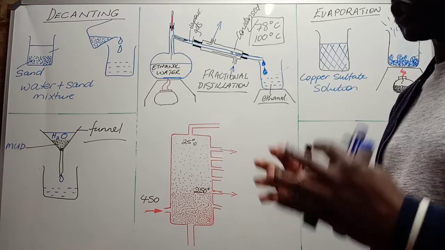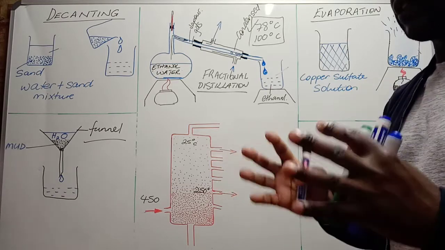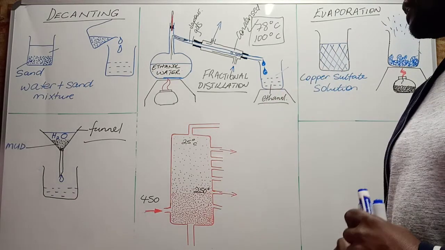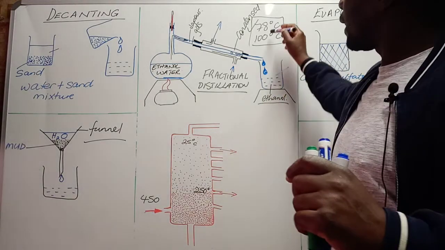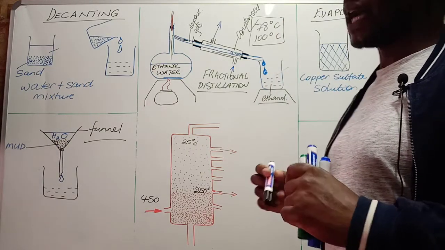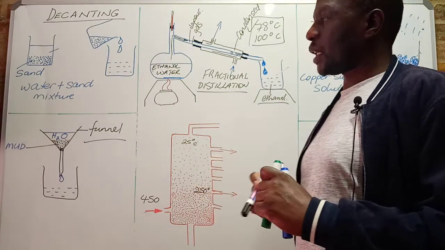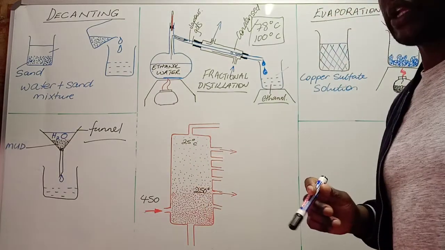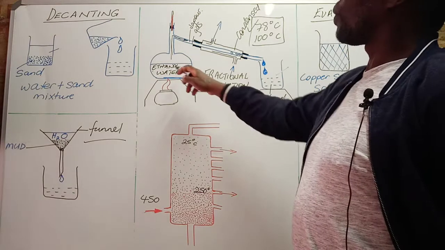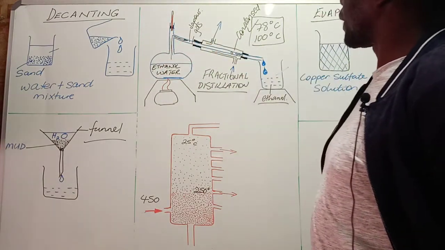What we want is to separate the two liquids into their pure substances. So we must maintain 78 degrees Celsius until the point where ethanol ceases to boil. At that point, we will know that all the ethanol has been collected in the beaker.